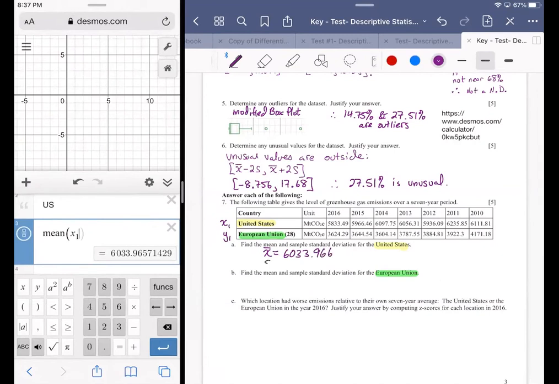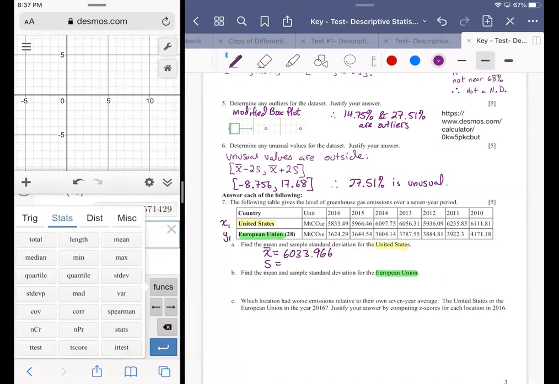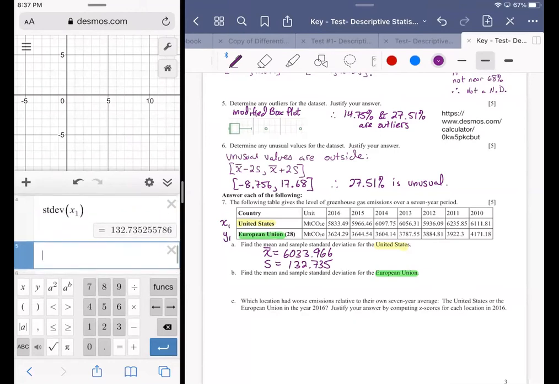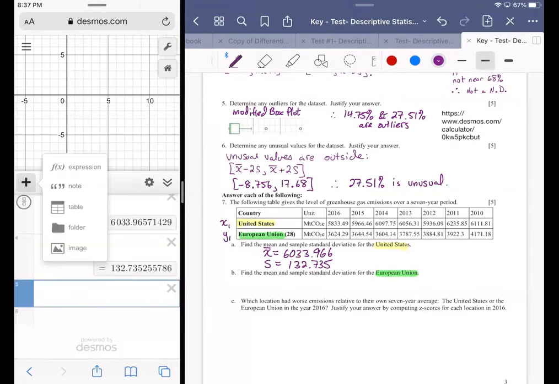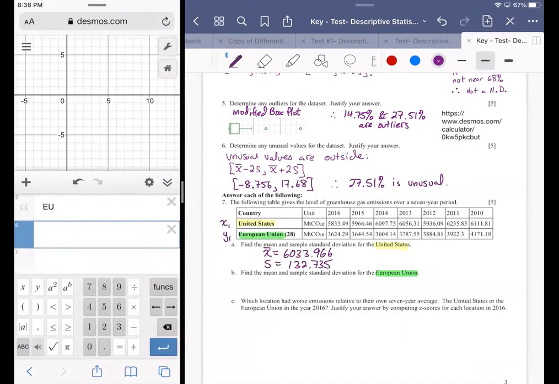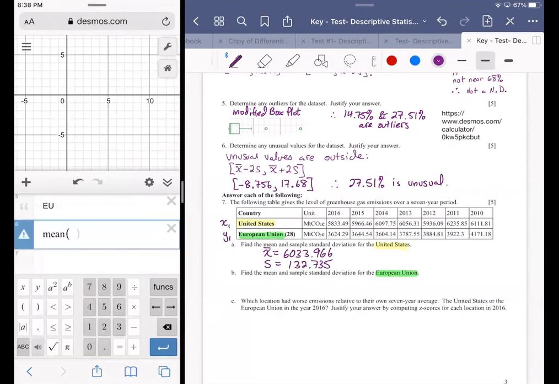All right, we need the standard deviation. So function standard deviation x1, 132.735. Then we got to do it all again, this time for the EU. The mean, this time it's y1.